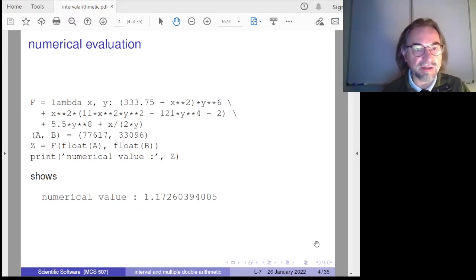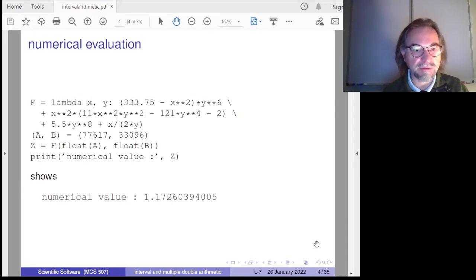So we start with a numerical expression. The fact that it is numerical is explicitly defined by the .75 in the number 333.75. So even if we evaluate this at an exact number or at a pair of exact numbers, so this is an expression in x and y, then you see that it turns out to be a numerical value.